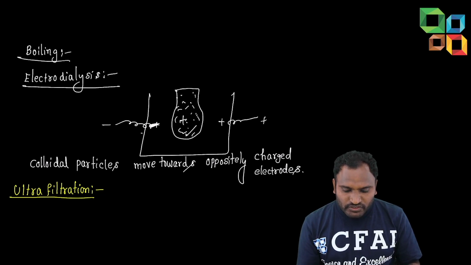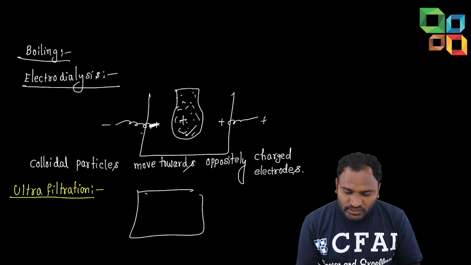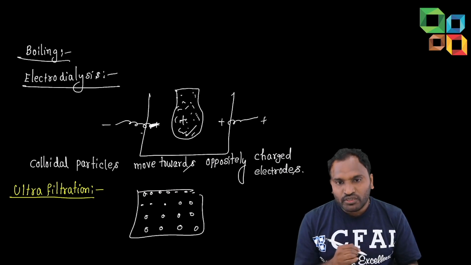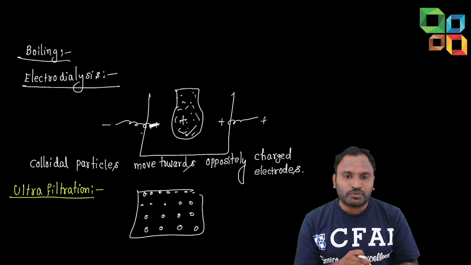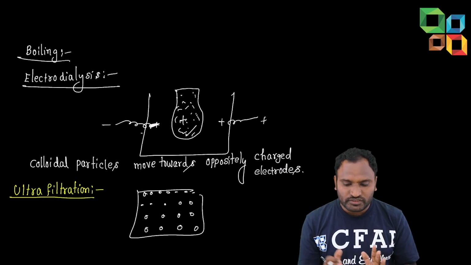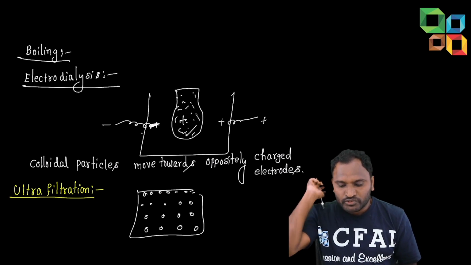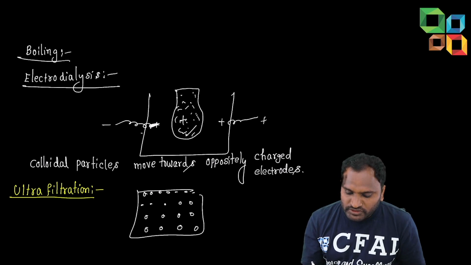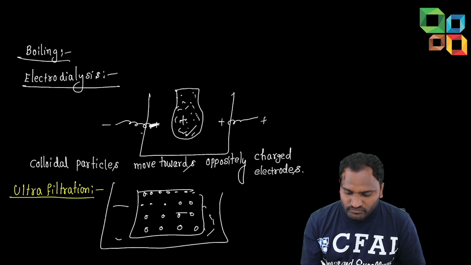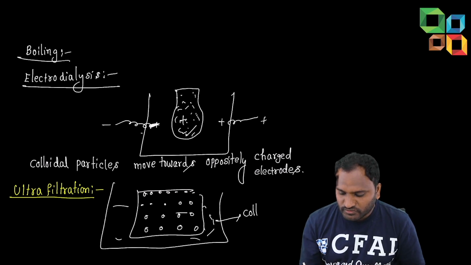Here, while doing ultrafiltration, why are we using ultrafilter paper? Suppose normal filter paper has pores like this, a little big. Through these pores, even solute particles, dispersed phase particles can escape. We want only solvent particles to pass through this filter paper. For that, we dip the filter paper in collodion solution.